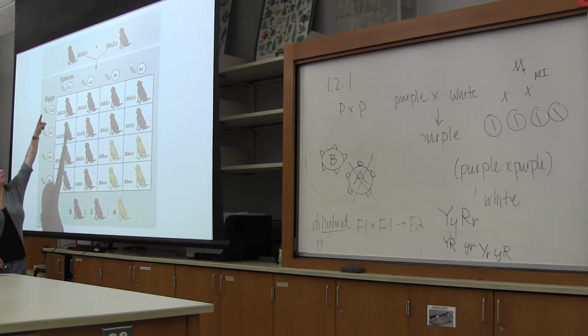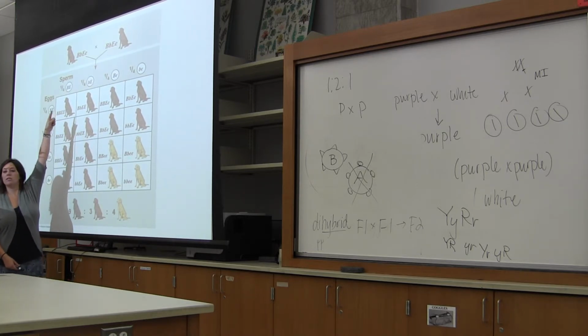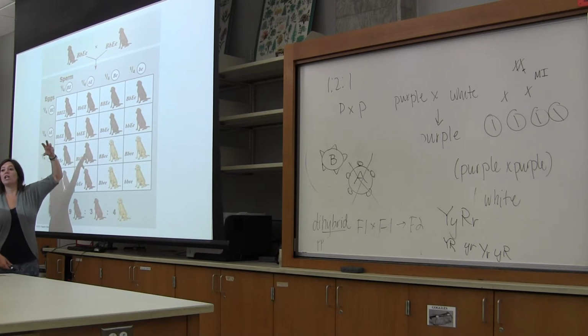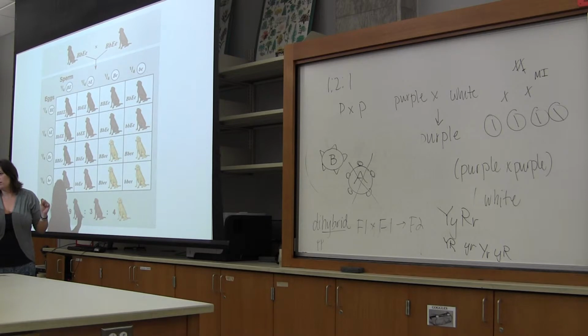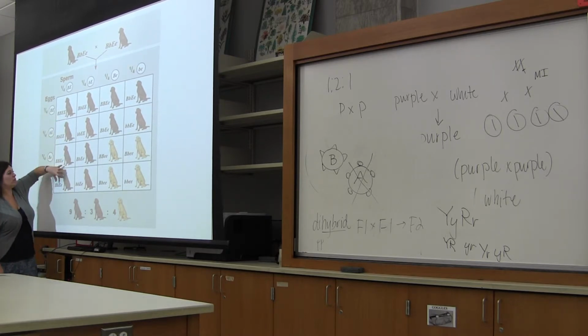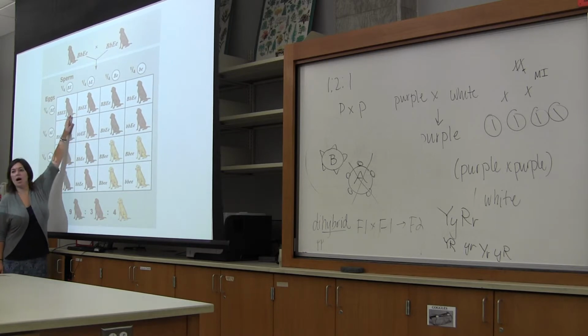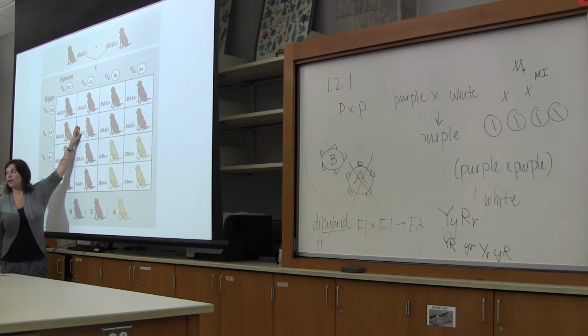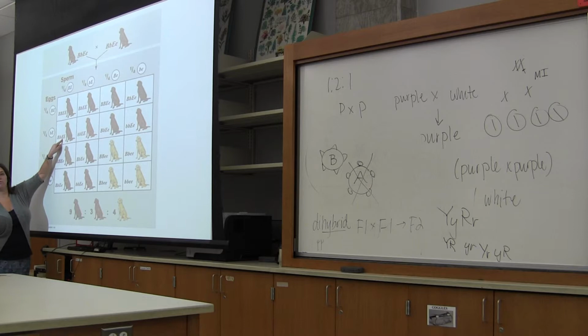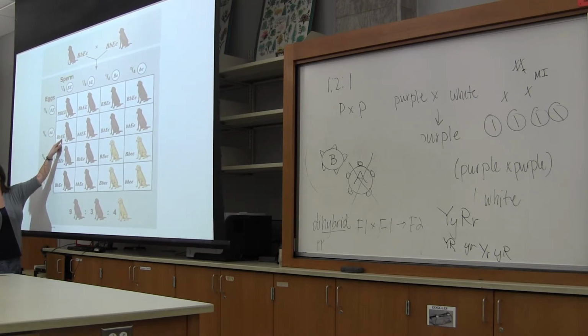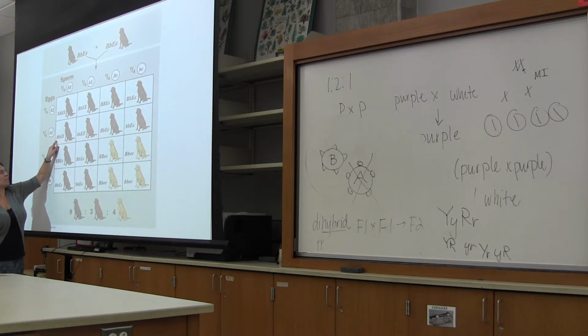So in this case of the parentals, deposited color is going to be dominant over non-deposited color. And so in all of these, you can see that the dominant trait is going to prevail. So in other words, because you have one of these dominant alleles, one capital E, that's going to determine that you are going to deposit whatever this genotype says.